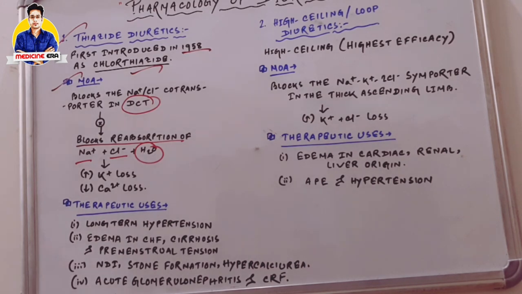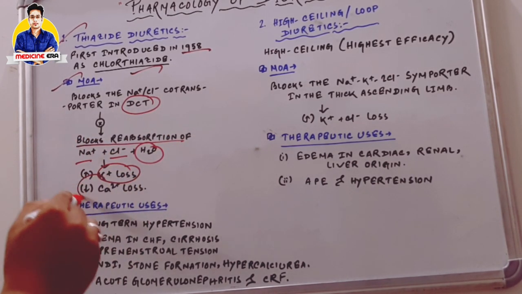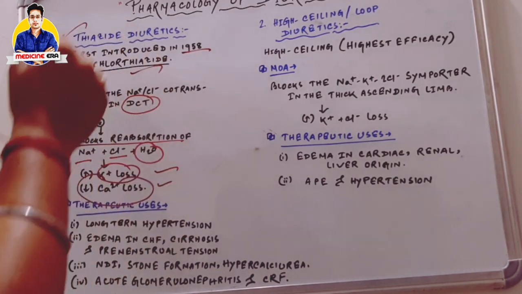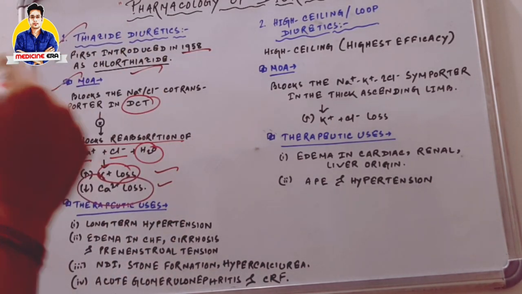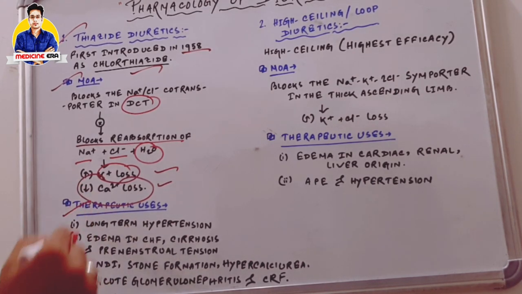Okay, so if we block that reabsorption process, the excess amount of urine or electrolytes gets out from our body. So this also creates an increase in urine formation. So it blocks the reabsorption of sodium, chloride and H2O, water, and it also increases the potassium loss and decreases the calcium loss. So this is the way by which the thiazide diuretics are used to increase urine volume formation. What are the therapeutic uses?